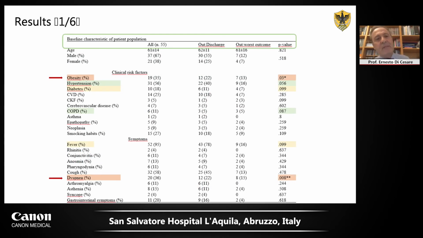Our results are quite interesting because we divided patients who were discharged and patients with worse outcome.